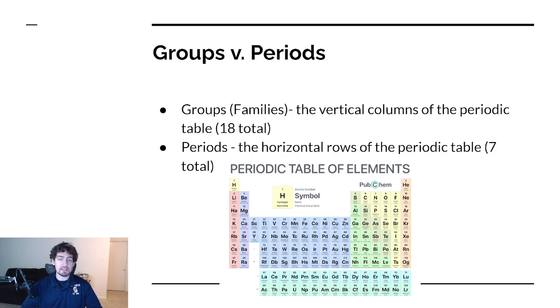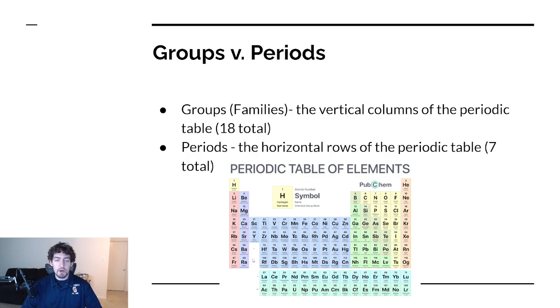A common misconception is that students look at what we call the lanthanide series, this row right here starting with lanthanum, and the actinide series starting with actinium, this row here. They seem to believe that this is row number 8 and this is row number 9. As it turns out, in the lanthanide series, if we look at the atomic numbers, we have element number 56 followed by 57. So this entire row is actually part of period number 6.